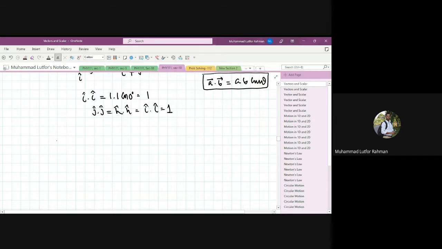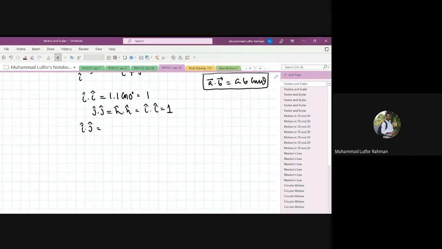Fine. Now, what about if I write i dot j? It is 0. Why is it 0? Because i and j are perpendicular, so theta will be 90 degrees and cos 90 is 0, right?